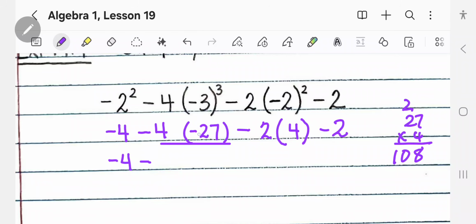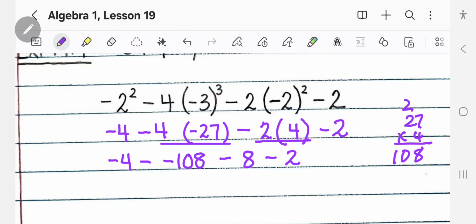So that's 4 times a negative 27. So that's going to be a negative 108. Okay. And then I'm going to have a minus. And then I'm going to go ahead and evaluate this. 2 times 4 is 8, and bring down the minus 2. So we're a little simpler.